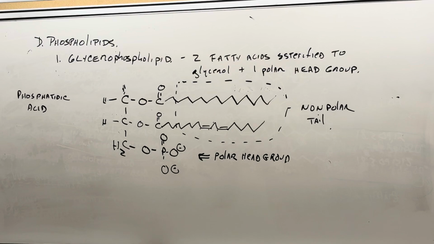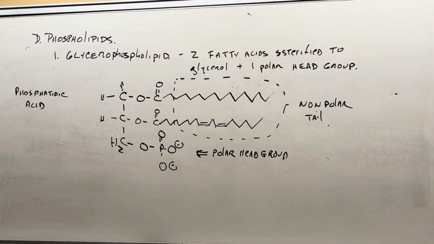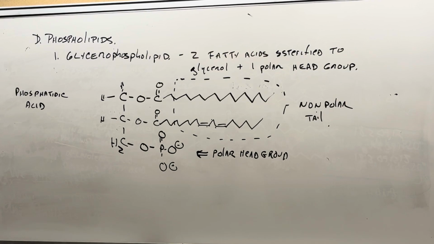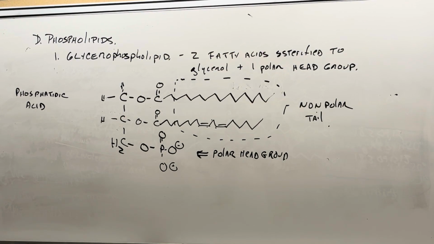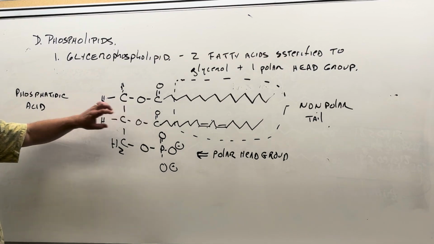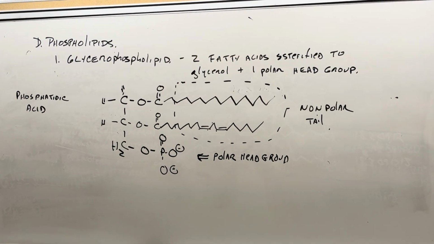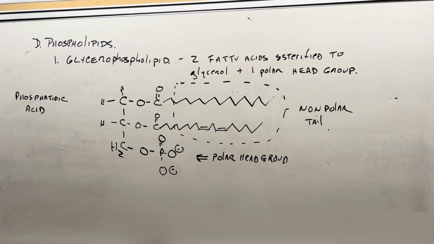This is the polar head group, and here are the nonpolar tails. You have to kind of think in 3 dimensions and squiggle it around a little bit, but that's the idea.